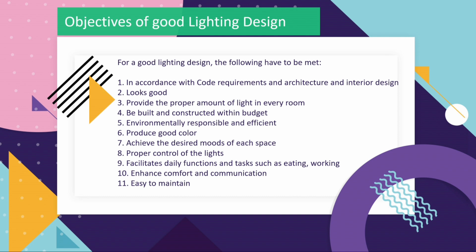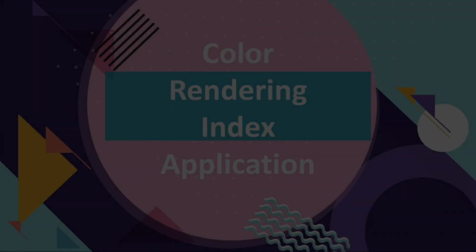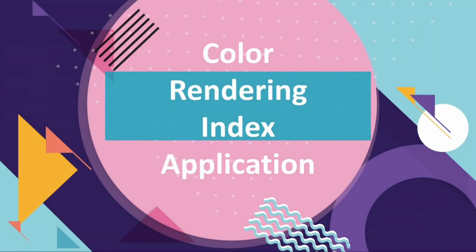Incorporating smart technology and establishing a regular maintenance schedule can further enhance ease of upkeep. By prioritizing these elements, you can ensure that your lighting remains functional, efficient, and visually appealing with minimal effort over time.